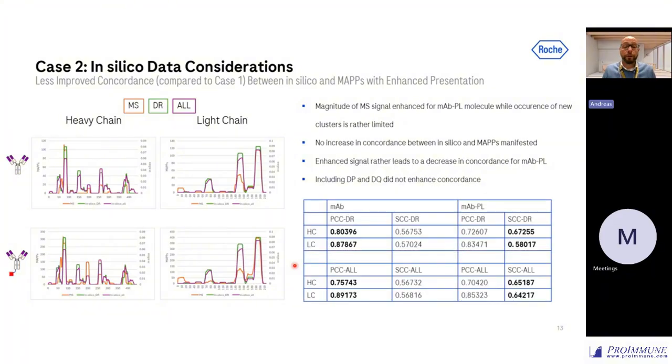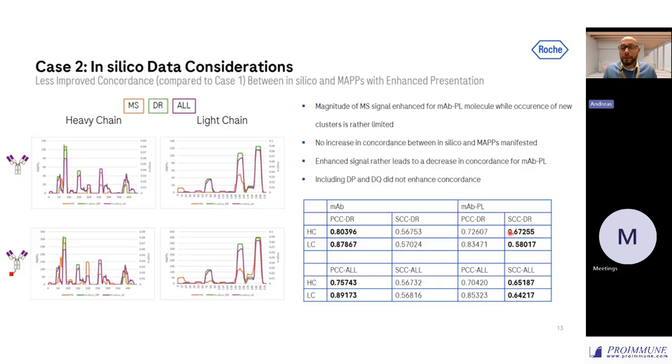And here, if we go for the numbers, for the correlations, the effect is not as strong, because we already start with quite a good correlation for the monoclonal antibody, which is then not further enhanced or even slightly decreases, because probably we get new clusters that were not mapped.